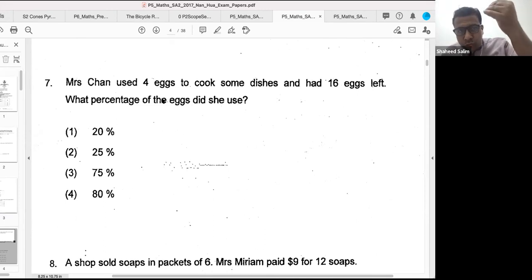Fraction of x she used is equal to what she used over the total number of x. Then you times by 100, you get percentage. Write the fraction first. Well done, Izzat. Izzat got it. Congratulations.